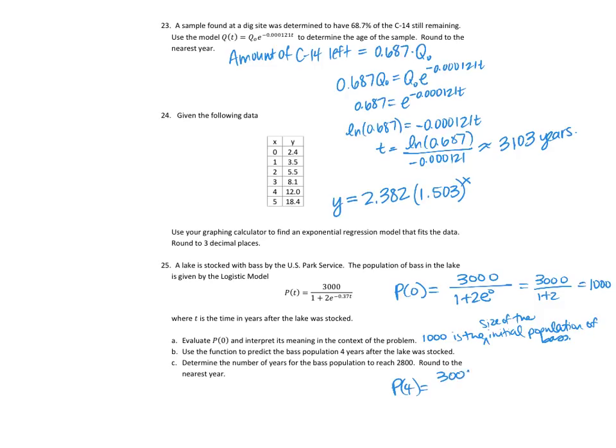So I have 3,000 over 1 plus 2e to the negative 0.37 times 4. So when you plug this into your calculator, you need to make sure that you have parentheses around the whole bottom and parentheses around this stuff that's raised to the e. So you're going to have a lot of parentheses going on there. Okay, so we're going to do 3,000 divided by, open parentheses, 1 plus 2e to the negative 0.37 times 4.